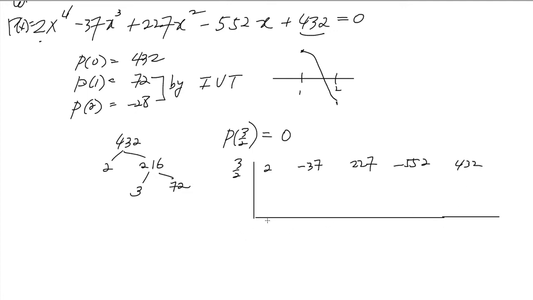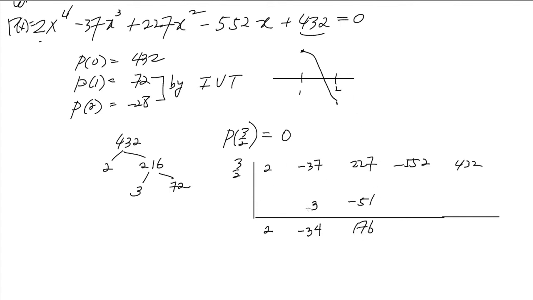So 2, multiply, we get exactly 3. Add, and we get minus 34. Multiply, and that's 17 times 3. That's 51. You get negative 176.